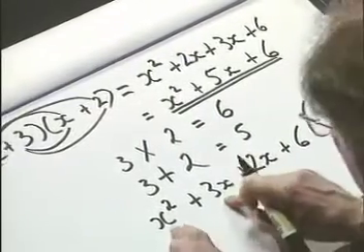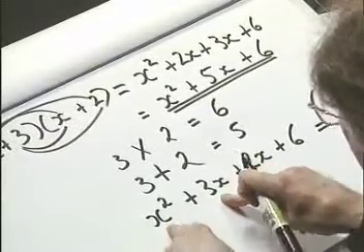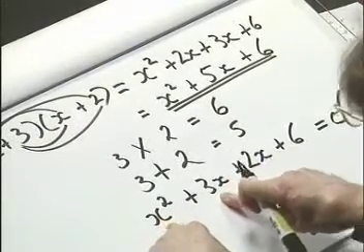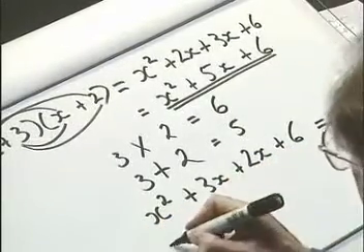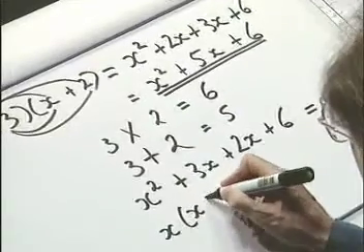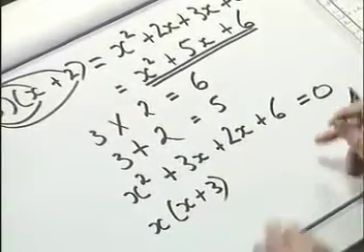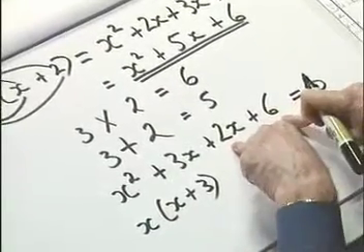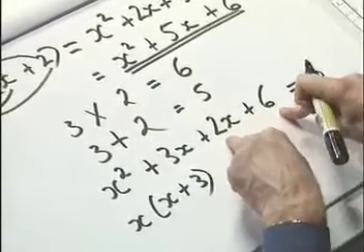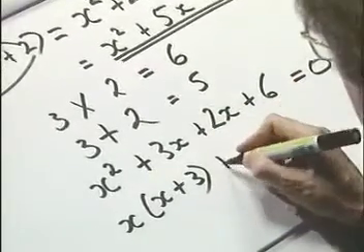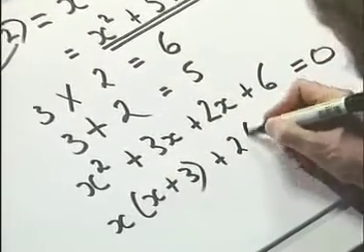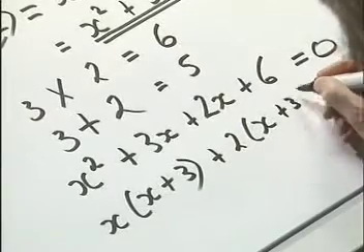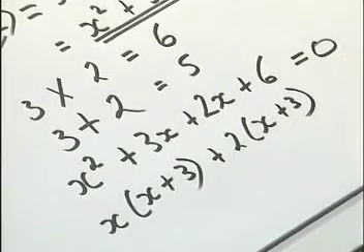Then we could look at these two and see if there was a common factor, and there is x, leaving us with x plus 3. Then we would look at these two. Is there a common factor? And there is 2, leaving us again with x plus 3.